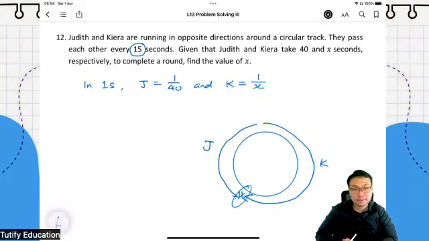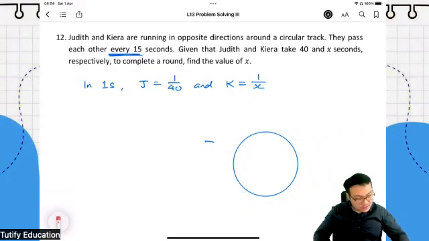Atava, you raise your hand. Yes, Atava. Did they start at the same starting point? Yes. But Atava, even if they did not start at the same starting point, it does not matter because they say every 15 seconds. So let's say they did not start at the same place. Let's say this guy started here and this guy started here.